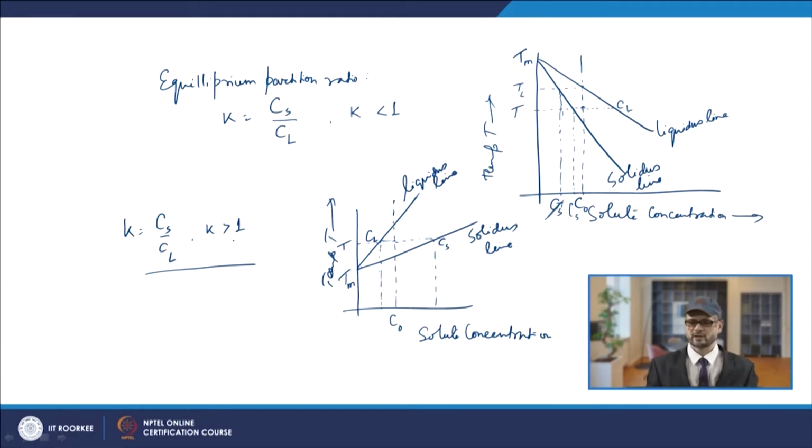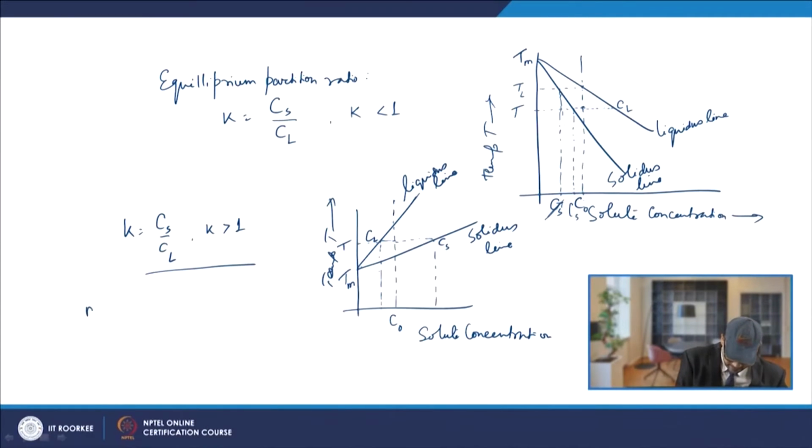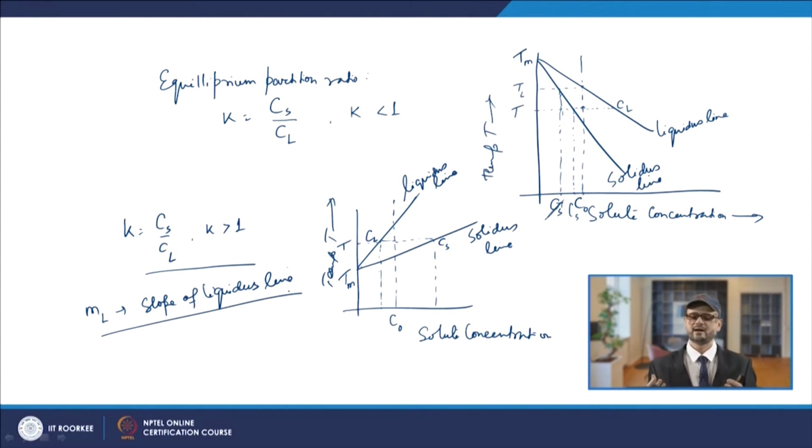So, as you see, there are two cases: one is K less than 1 and another is K more than 1. If you define the slope of the liquidus line as ml, the slope is negative in one case because this angle theta is more than 90, and in the other case it is positive.